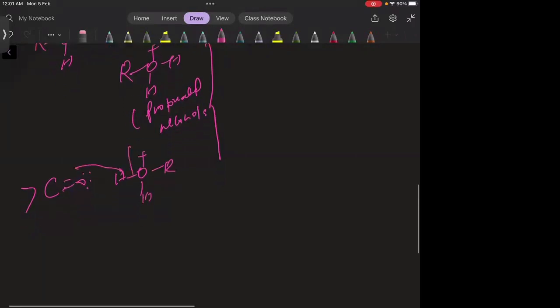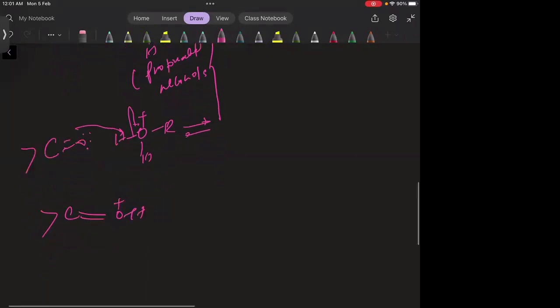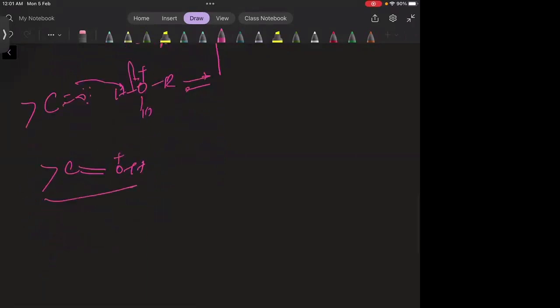And then it is completely reversible. So keep in mind, this carbonyl is now too much electrophilic.